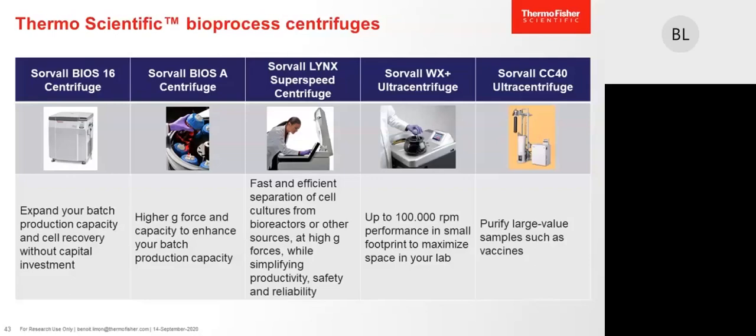And the Sorvall CC40 is the scale-up machine of the WX with the full scalability of the product line for the large scale purification up to 100 liters of the nano-sized particle for vaccine or viral vector purification.